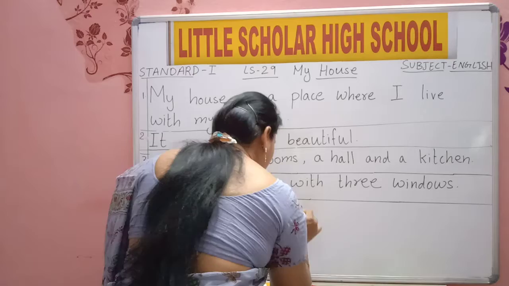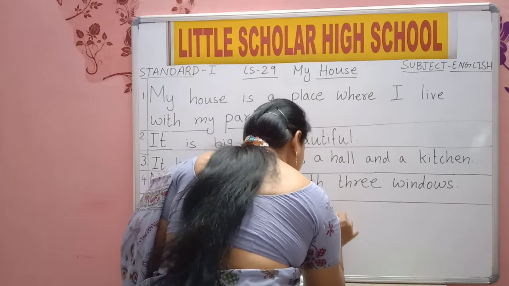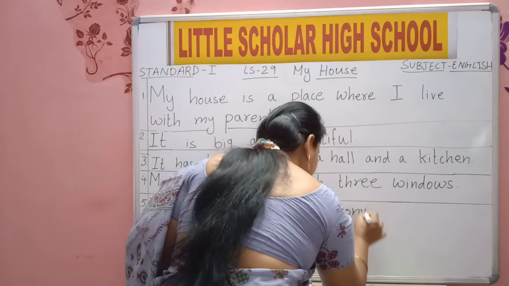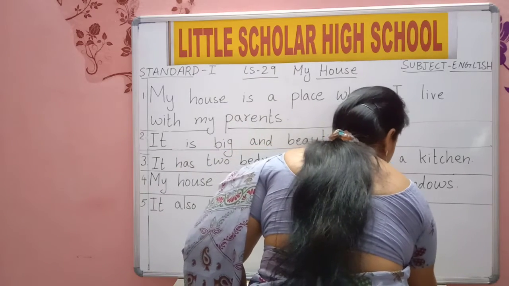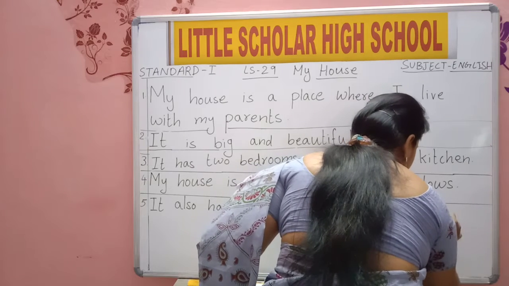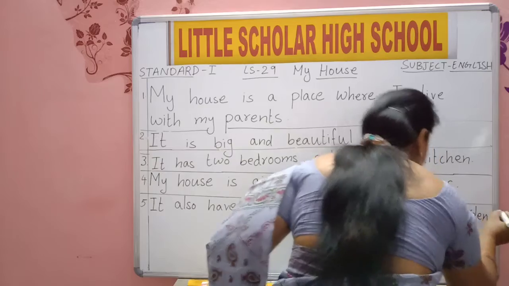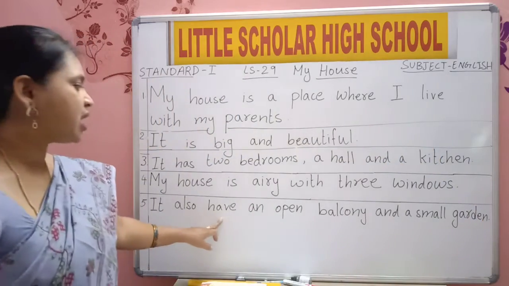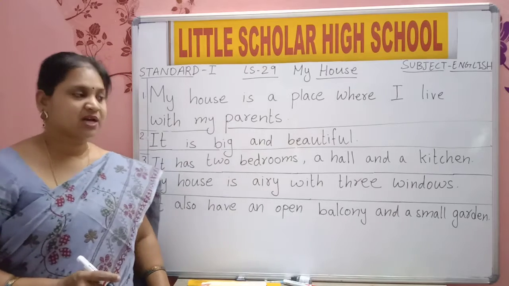O-P-E-N, open. B-A-L-C-O-N-Y, balcony. And S-M-A-L-L, small. G-A-R-D-E-N, garden. It also have an open balcony and a small garden.